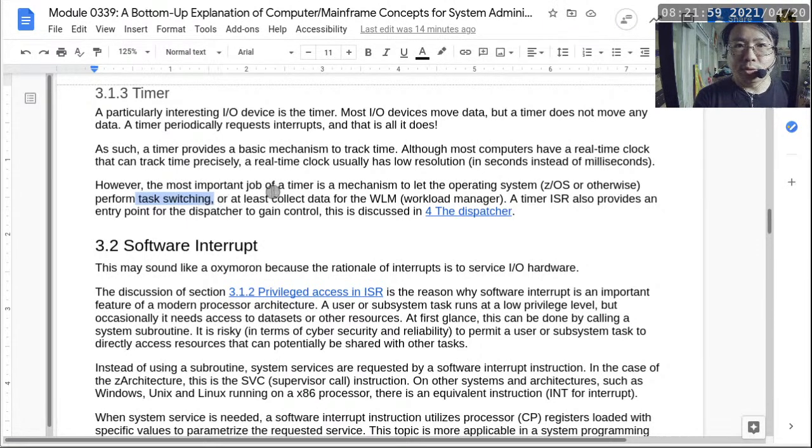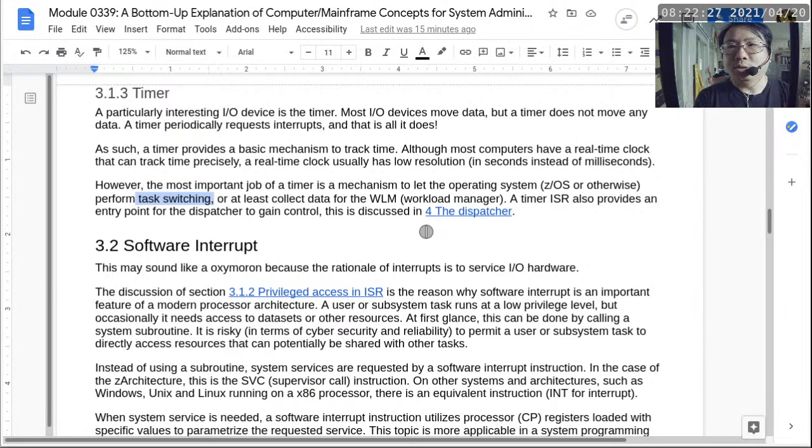You can also use the timer to collect data for the workload manager. Remember, the workload manager can do sampling to check whether a particular task is actually running using processor resources or is waiting for something. So the timer provides that tick, where every single tick we can say, hey, let's go check all the tasks and see what they're doing.